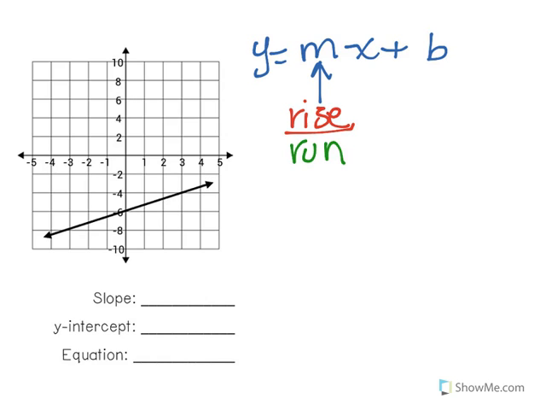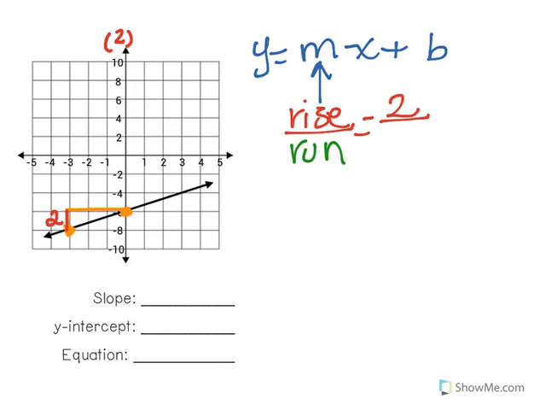I have my perfect point right here, and I have a perfect point right there. And I look at my y-axis because of my rise, and it's counting by 2's. So I'm going to count my rise by 2's. Up is 2. So my rise is 2.